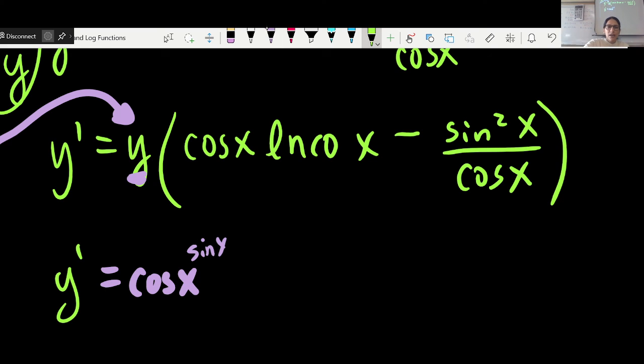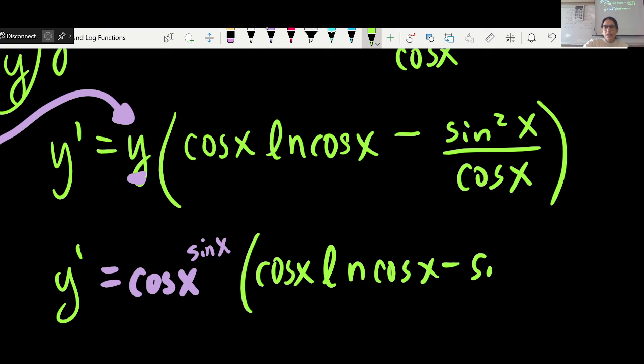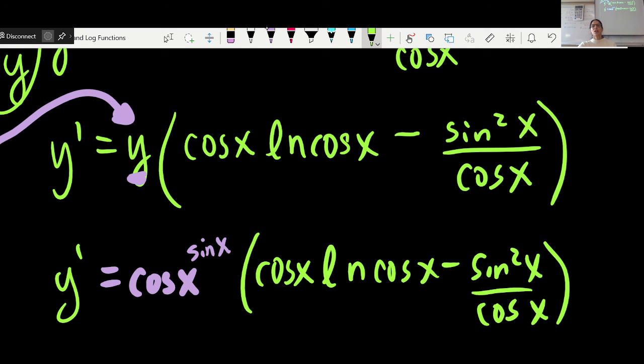And then here we have our cos x ln cos x minus sine squared x over cos x. So do you see here, we could say this is sine x times sine x so that it would give us sine x over cos x, which is tan x.